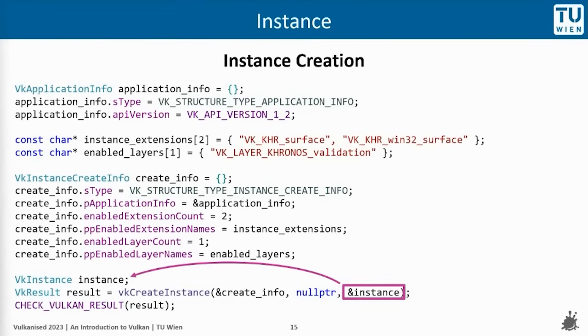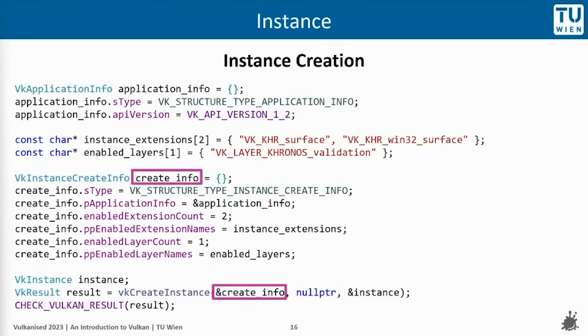What's also a common pattern is such a configuration structure. So instead of having loads of parameters for the functions, you have the parameters in the members of the configuration struct. As a best practice, we always zero initialize it because there are pointer members in those configuration structs, and we want them to be null pointers if we're not using them.